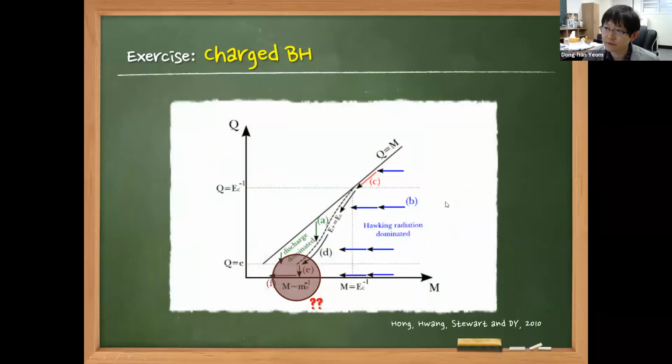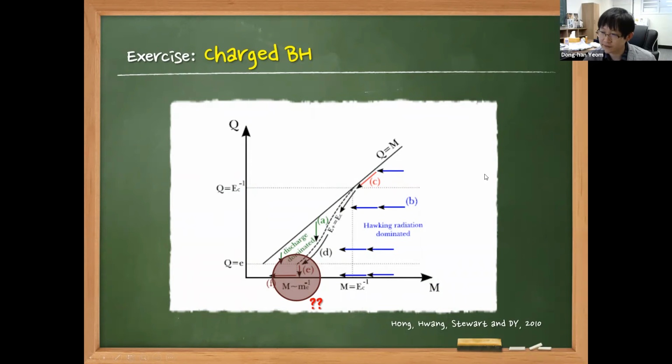So if you conceptually draw, then this is the M direction, and this is the Q direction, and this diagonal line is the Q equals M extreme surface. And if you start from this region, then this is a naked singularity, and this is disallowed in many astrophysical contexts.